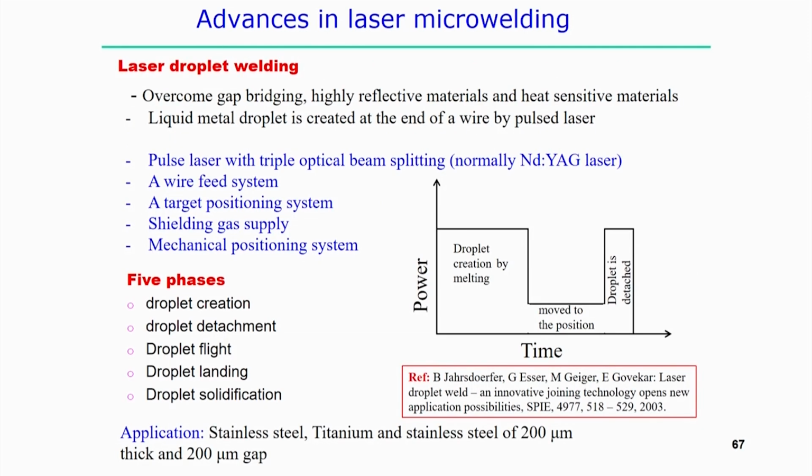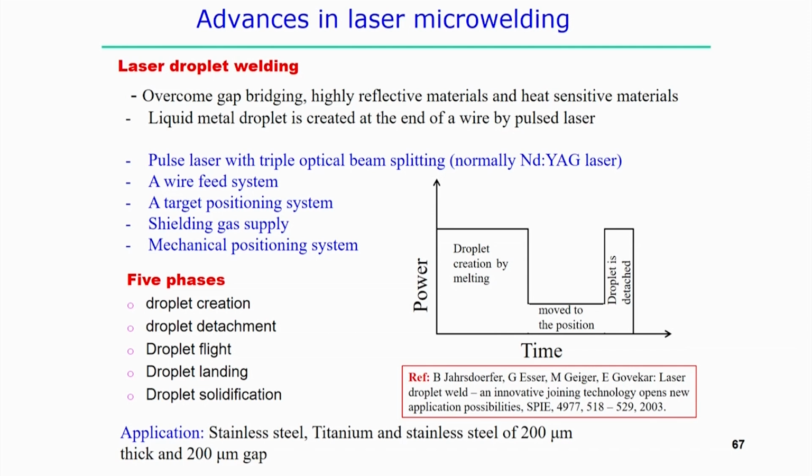Now if we look into the other welding process, it is called laser droplet welding. The purpose of developing this typical microwelding process is to overcome gap bridging, the gap between two plates or two different samples, specifically for very highly reflective materials and very heat sensitive materials.